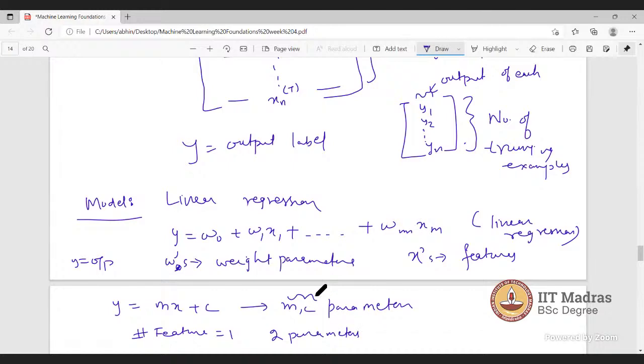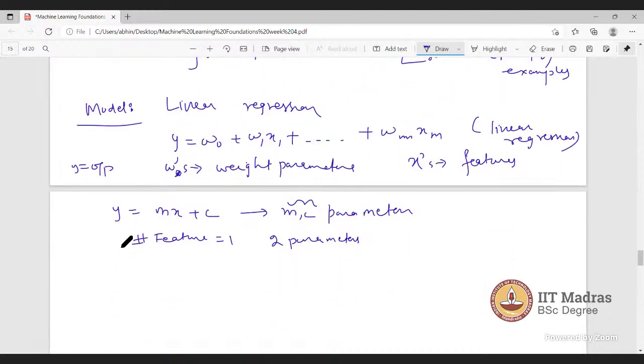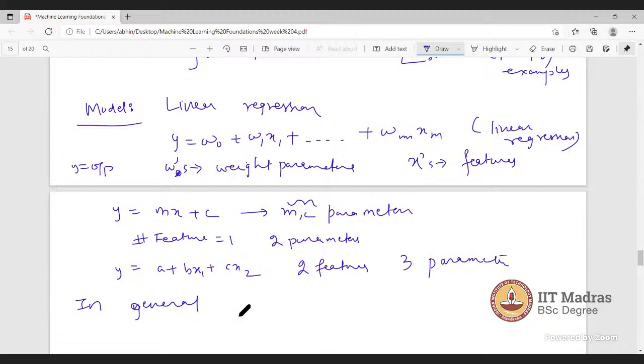Similarly, if we have more than one feature, I can write the equation like this: a plus b x1 plus c x2. So for 2 features, we need 3 parameters. Or in general, for m features, we require m plus 1 parameters.